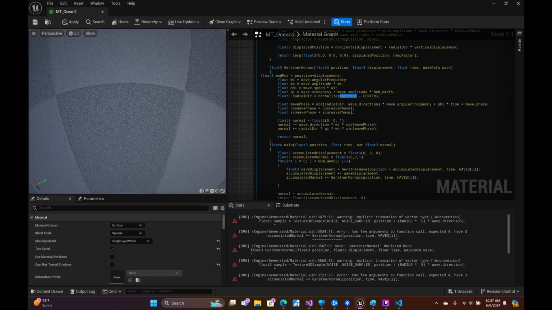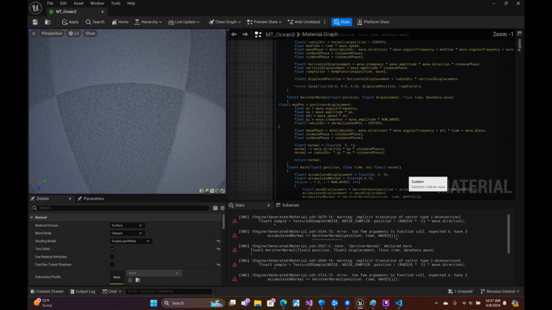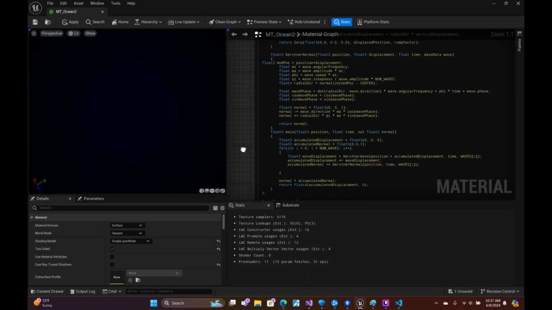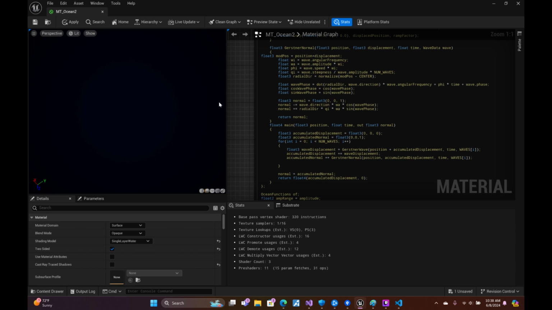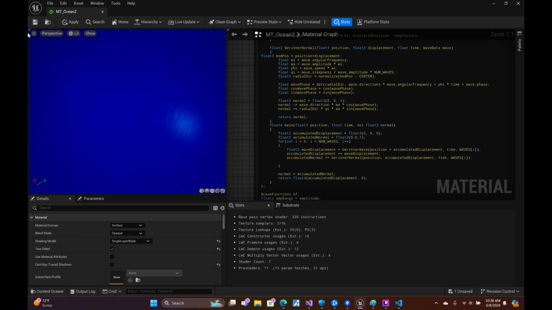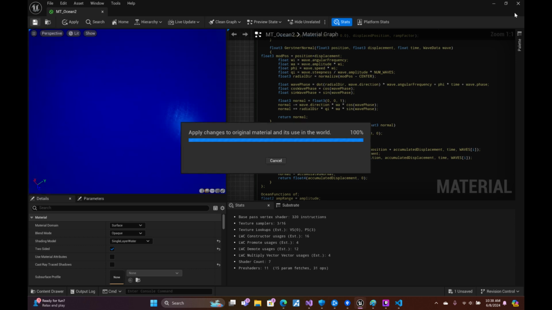And then right here, on pause. Anywhere else that we're using the position here? Don't see it. So displacement. Let's try that.